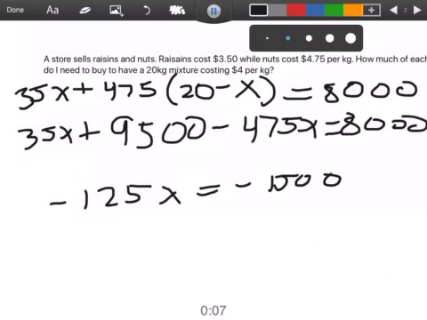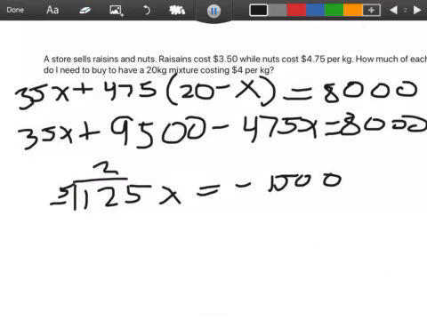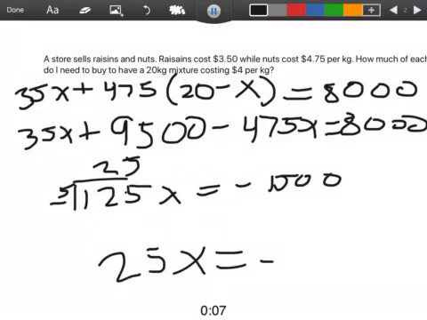If we divide by 5, 25x equals 300. Divide by 25 on each side, x equals 12.